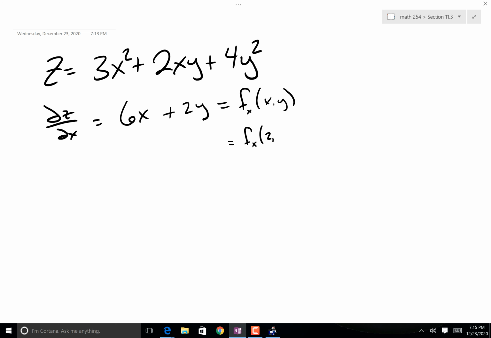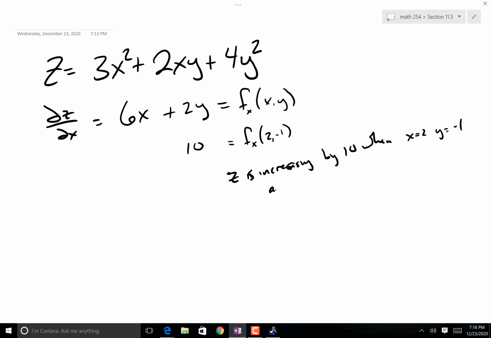So when x is 2, let's say, and y is negative 1. So what this would be saying is I put that in as 12 minus 2 is 10. And so it'd be like, oh, what's happening? Well, z is increasing by 10 when x is 2 and y is negative 1. That's what we're saying.